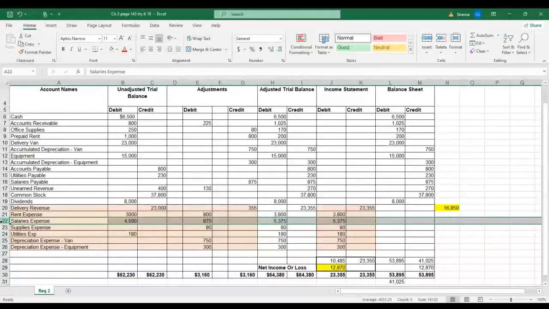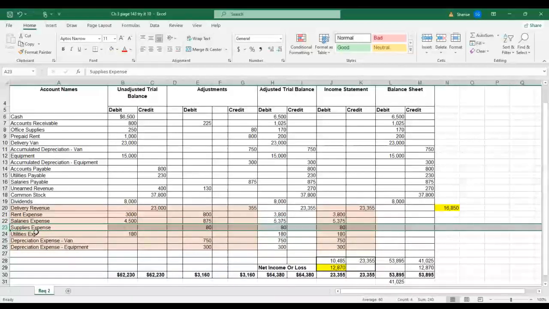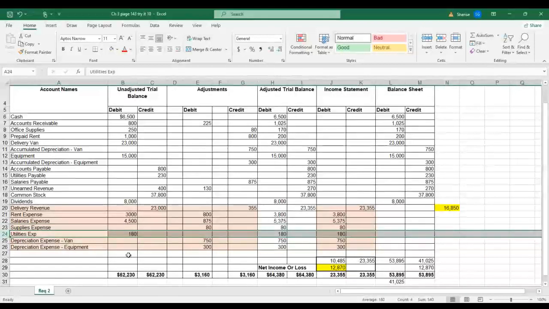Salaries expense, we started with $4,500. We are going to add in a debit of $875, and that's going to bring us to $5,375 in our debit. For supplies expense, started with nothing, but we did have an adjustment of $80 debit. So we're going to just bring that over, $80 debit in our adjusted trial balance. Utilities expense, we started with $180.